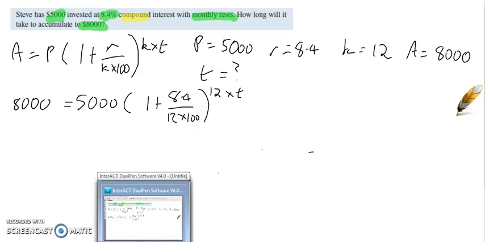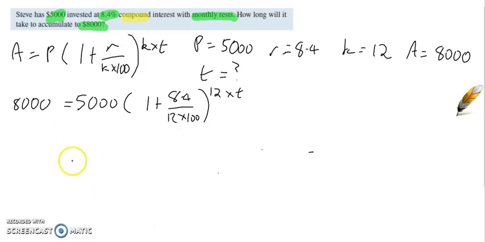What we do is we solve this as much as we can. So if you remember a little bit from before, we can do the 8,000 divided by 5,000. And we can simplify what's in the brackets here.